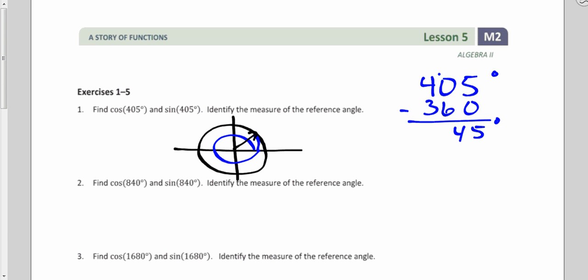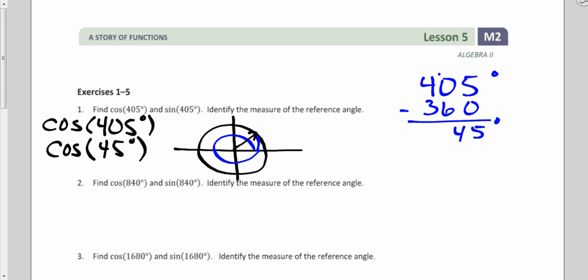What angle is that? So this is 45 degrees. What is the sine and cosine of 45 degrees? Go back to your unit circle from yesterday. Root 2 over 2. The cosine of 405 is the same thing as the cosine of 45, and this equals root 2 over 2.